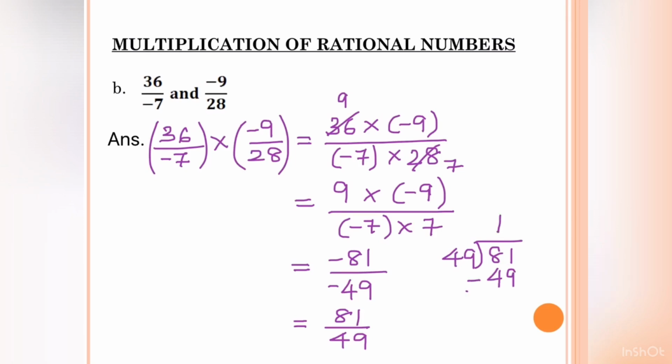We will subtract. 11 minus 9 is 2. 7 minus 4 is 3. So we will write in the form of Q R by D, which is equal to 132 by 49. This is the answer.